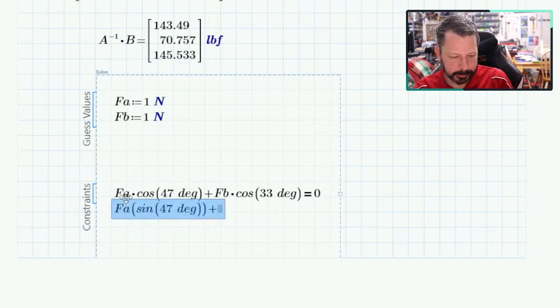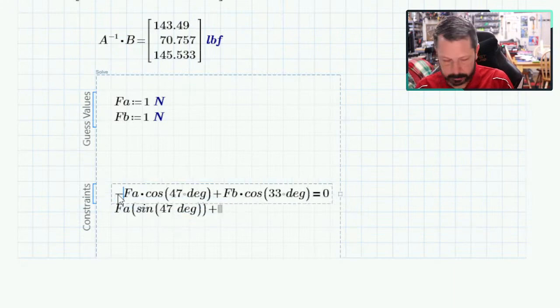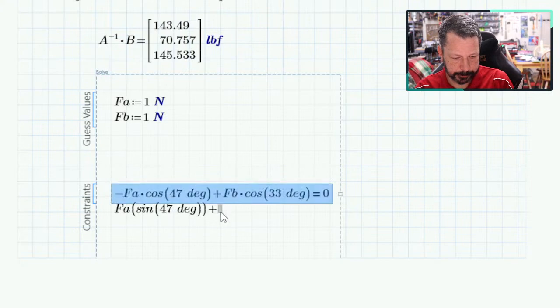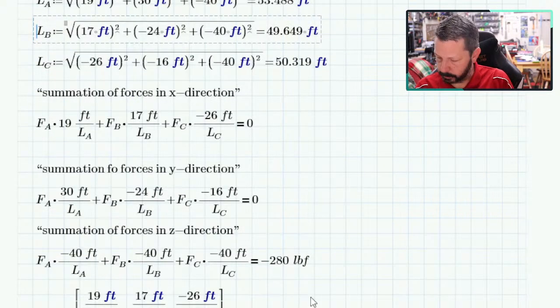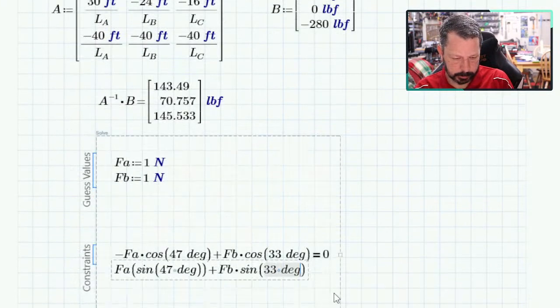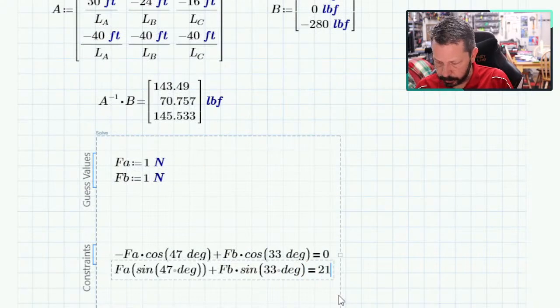Plus, oh, wait, I left off a negative sign. Negative FA, there we go. FB times sine 33 degrees equals 21091.5 newtons.